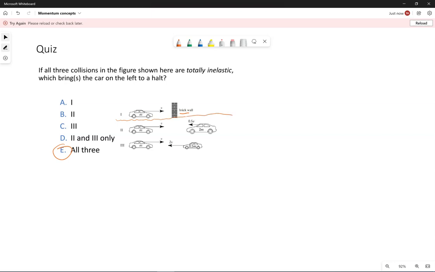We can totally understand, hopefully, that the car, this is getting at the definition of totally inelastic, meaning the objects stick together. So if the car runs into the brick wall and stays stuck to the brick wall, then the car's going to be at rest. We would not use conservation of linear momentum to calculate anything in situation 1, simply because there are external forces to the system.